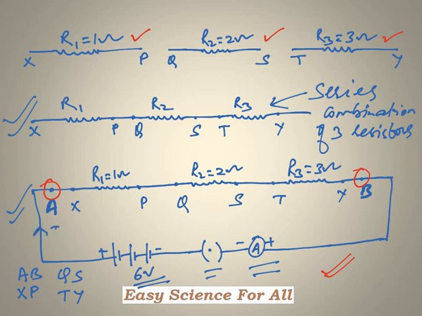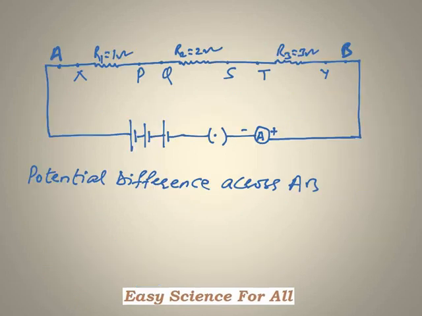Let I be the current flowing through this circuit, and with the help of this ammeter you can find out that it will give a reading of 1 ampere. So for this combination, right now a current of 1 ampere is flowing through each individual resistance R1, R2 and R3.